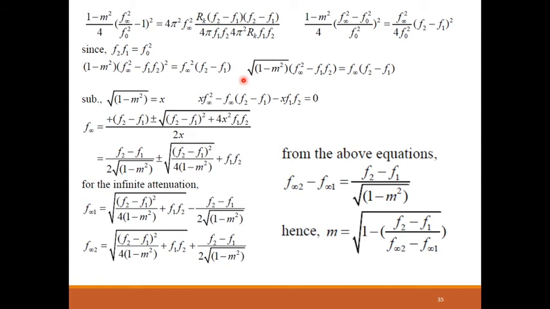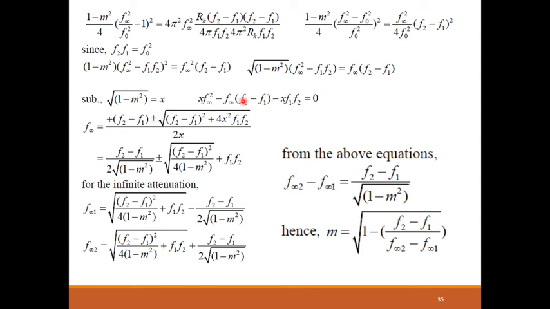Then the square root of, yes, here f infinite square is there. So that square root of (1 minus m square) into (f infinite square minus f1 into f2) should be equal like this. So 1 minus m square should be equal to x. Then this expression is modified like this. This is like a polynomial expression, that is f infinite square, f infinite, then the constant.